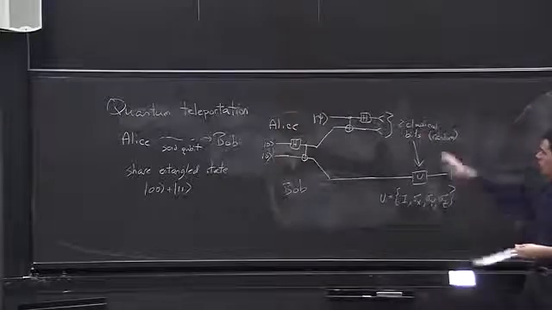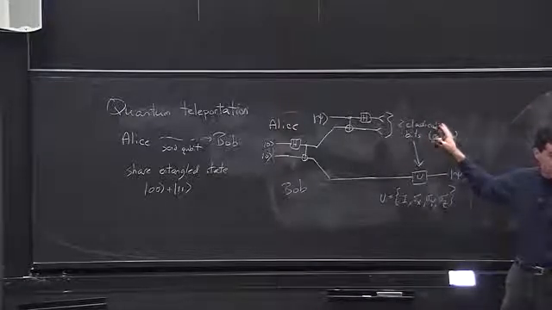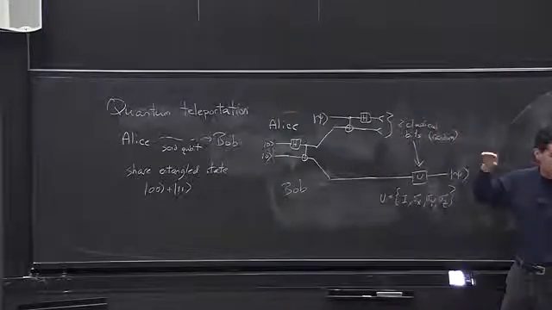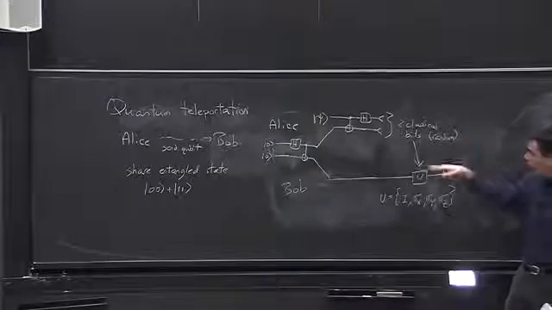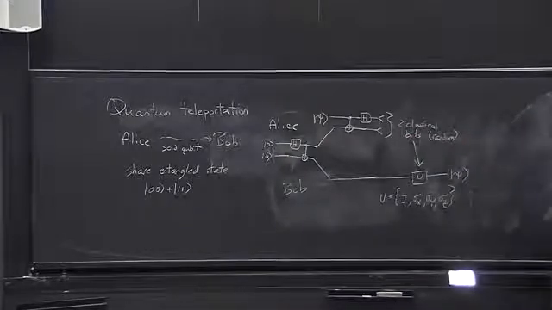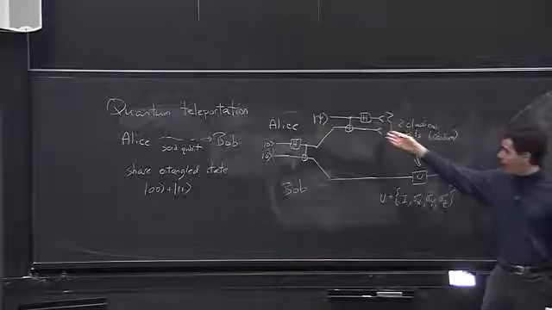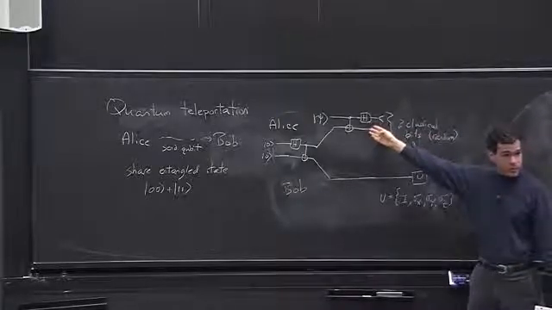The classical bits by themselves have no information at all about psi. So if some third party comes along and listens into this transmission, they won't be able to get any information about psi at all. And actually, that had to be the case, right? Because the no-cloning theorem says you can't make a copy of psi. And, well, there's no copy here because Alice destroys it when she makes this measurement.